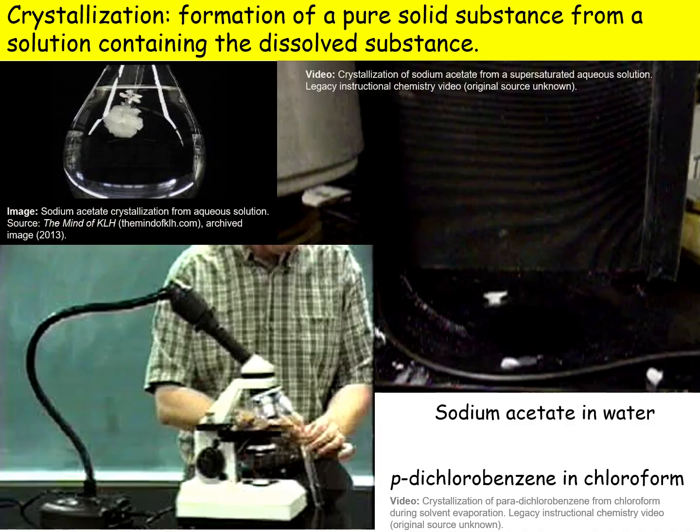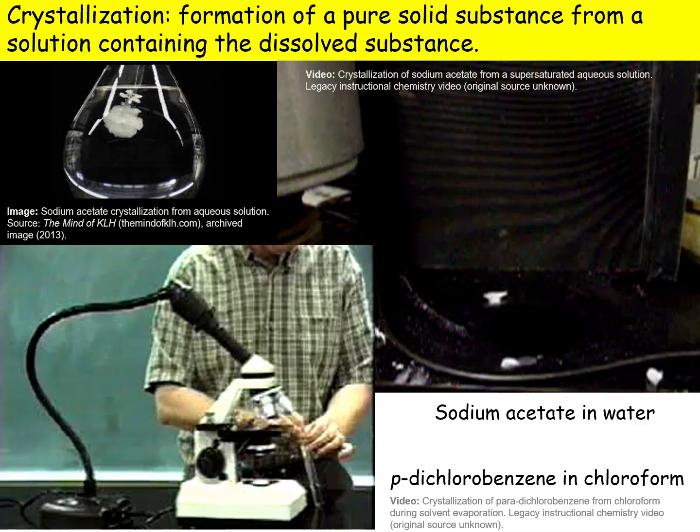All right, crystallization is another way to separate a dissolved solid from a liquid. You take your solution and you just let the solvent evaporate away slowly. The slower you can get that solvent to evaporate away, the bigger the crystals will be. If you ever tried to make rock candy, you know that this is not as easy as it might sound.